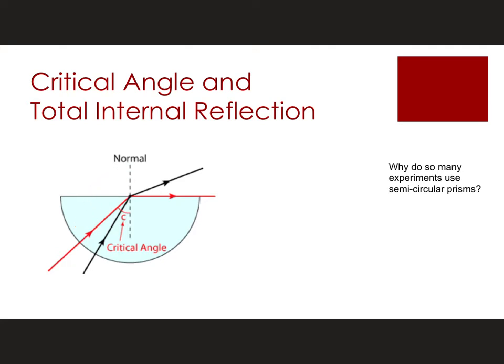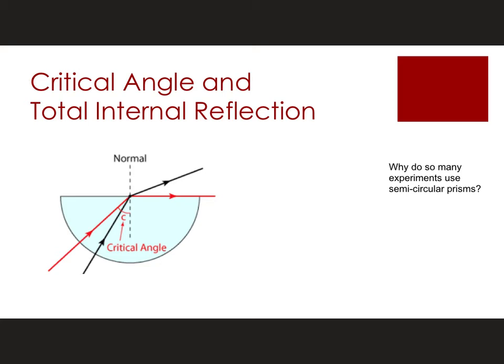I said in the previous slide that it was going to bend away from the normal. So here we go. We've got this black line and we come to a boundary from a high optically dense to a lower optically dense. And if it had gone straight through, we would have gone here, but instead it's bent away from the normal. At some point, though, there's only so far it can bend away from the normal.